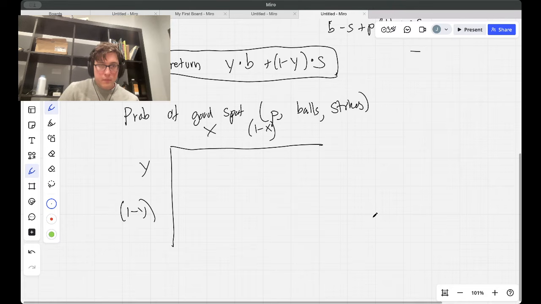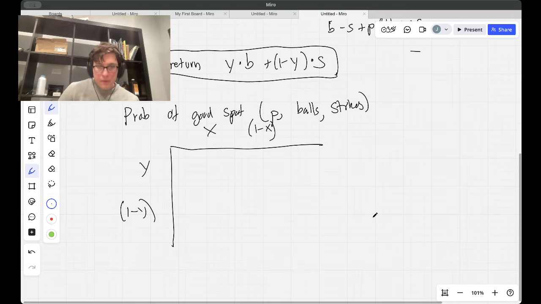Again, this is a recursive, or dynamic programming, formulation. Then this is again probability of good spot where strikes plus 1. And this is also again balls, strikes plus 1.